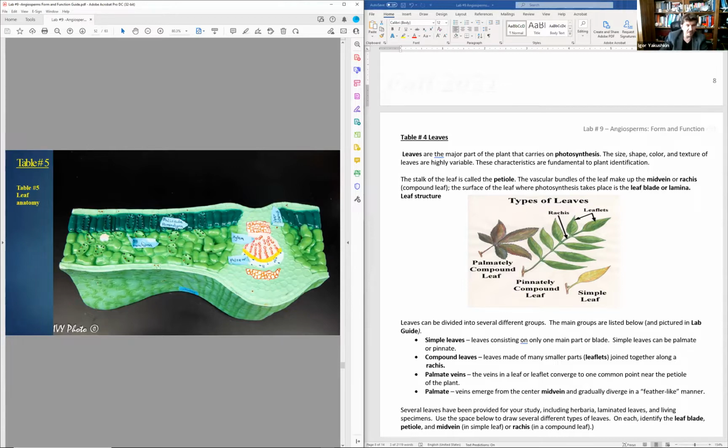In between the upper and lower epidermis. In palisade, the cells are located right next to each other, and then we're talking about spongy parenchyma. Whenever you're looking at the vein, this is what you're looking at: the vascular bundles, which are reinforced by the sclerenchyma. So sclerenchyma, xylem, cambium, phloem.